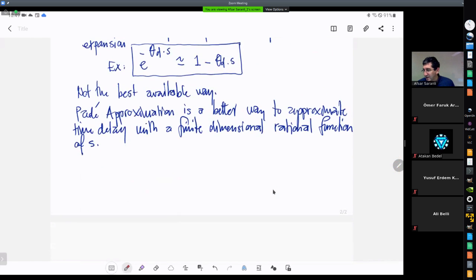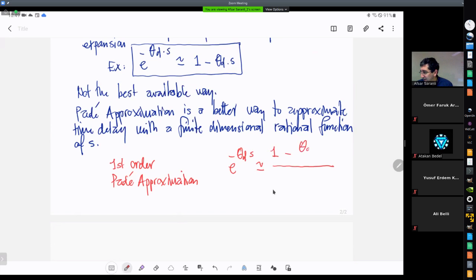There is also a second order, which we will not too much focus on. So the first order Padé approximation simply approximates e to the minus theta d s as a rational function of s, which is 1 minus theta d over 2 s and 1 plus theta d over 2 s.